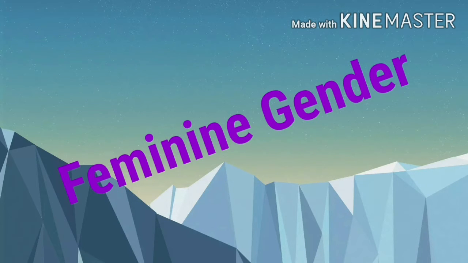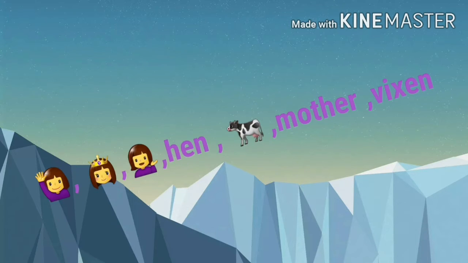Second one, feminine gender. A noun that shows female subtype is known as feminine gender. The feminine noun is something or someone showing characteristics traditionally associated with being female. Example: woman, queen, girl, hen, cow, mother, vixen.